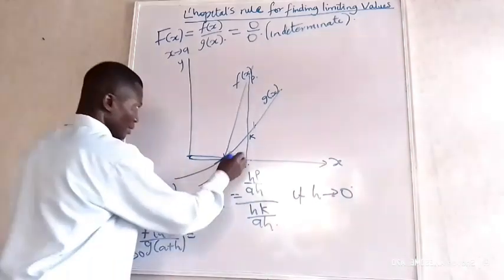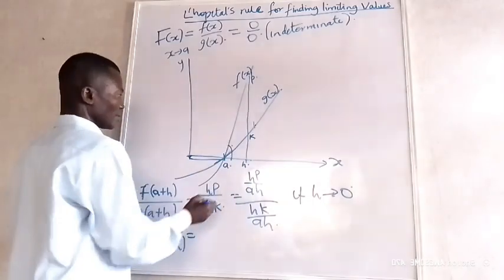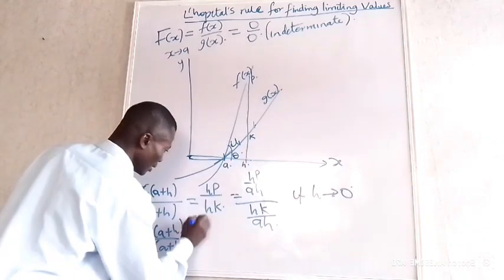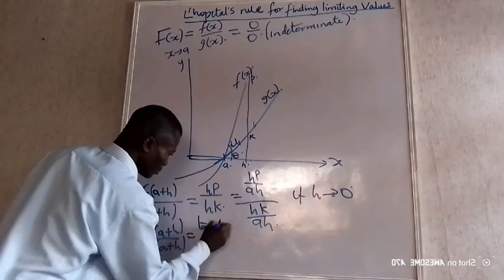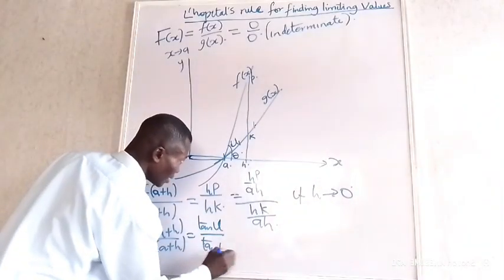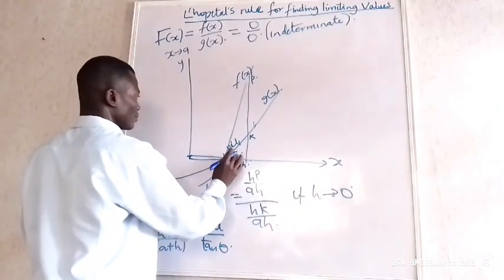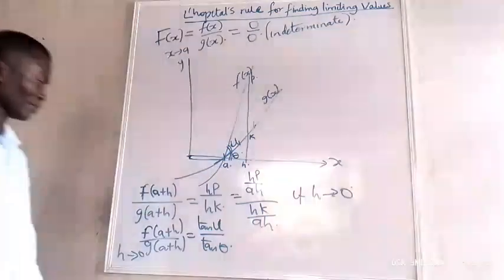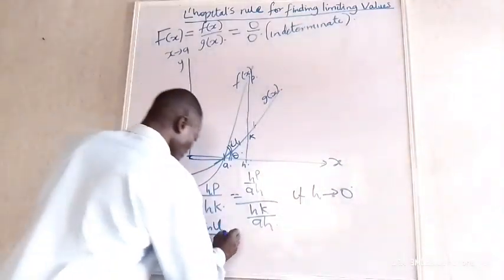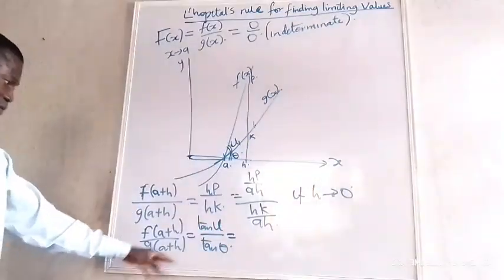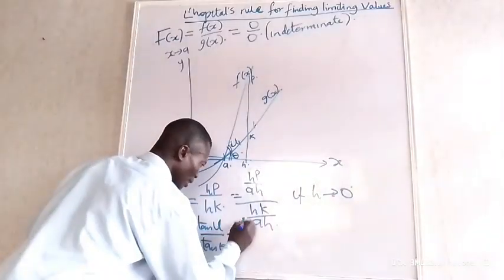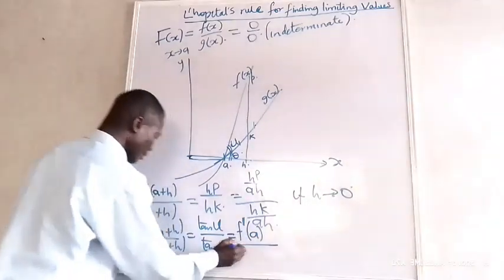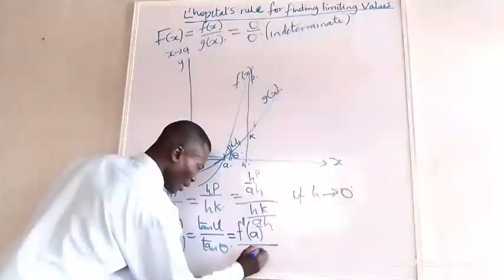Then we call this mu, and this place theta. Tan mu, and this one is tan theta. This smaller one is mu. It's theta. And if you look at this, when h tends to 0, it is giving us the first differential of f at a, and this one too, g at a.